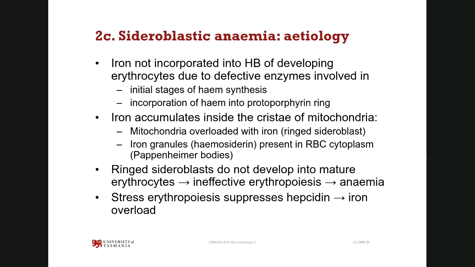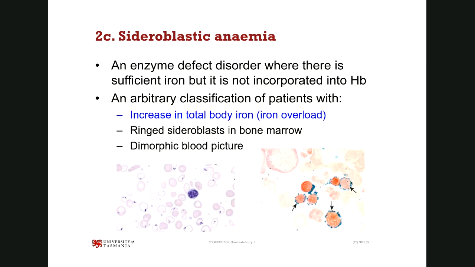So as I said, the ring thing, sure. Okay, so what happens is, because we've got an enzyme defect, I can't remember the name of the enzyme, but it's an enzyme that helps with the formation of aminolevulinic acid, and so that is the first step in forming the protoporphyrin ring.